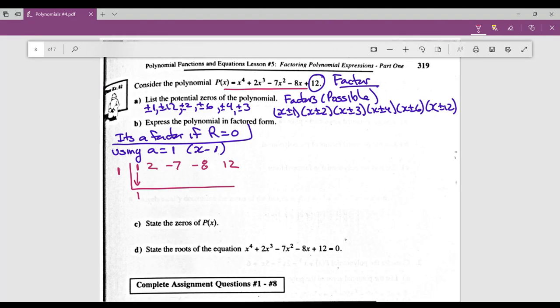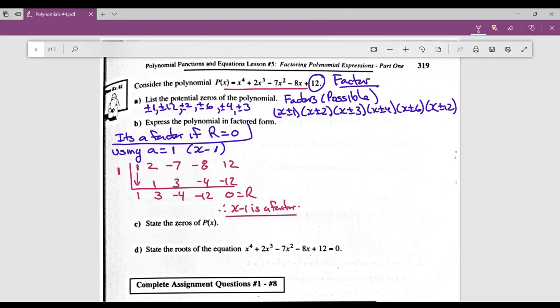Bring down the 1, times 1 is 1, 3, 3, negative 4, negative 4, negative 12, negative 12. We got a remainder of 0, which is good. Therefore, x minus 1 is a factor.